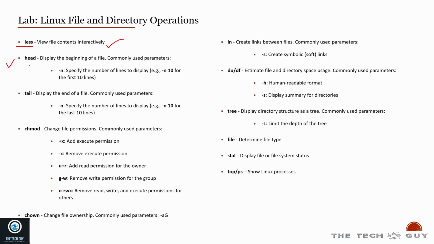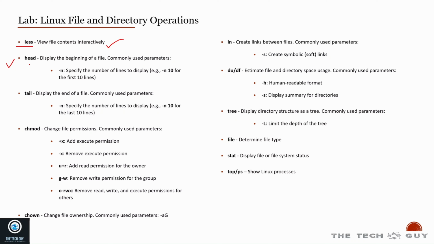Then you can use head. So for example, there is a file that you want to check, and you're not really bothered about checking everything. You just want to check the top few lines, or the bottom few lines. Or for example, there's a command that is giving an output and you're checking backups, and you want to check the last three backups.